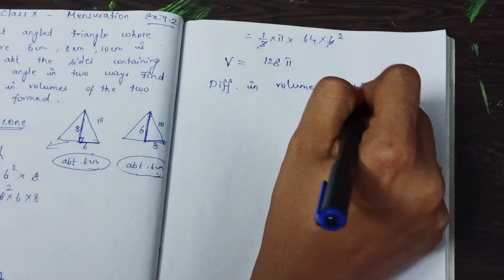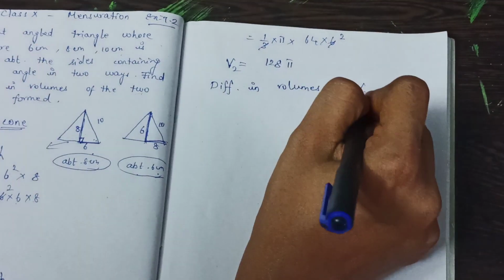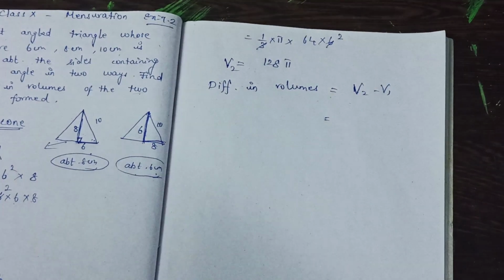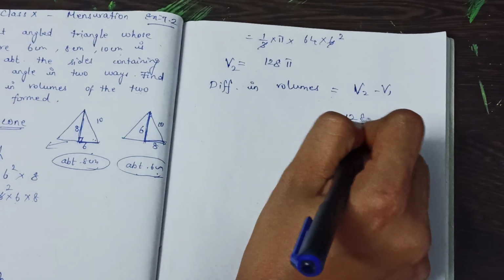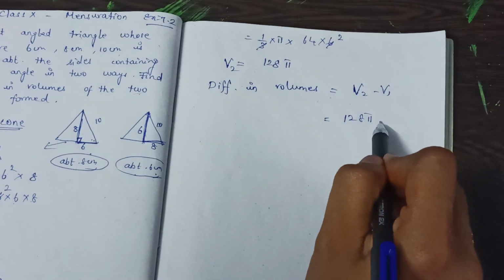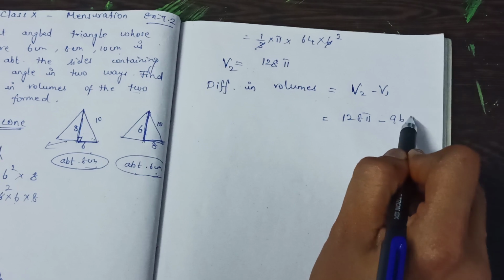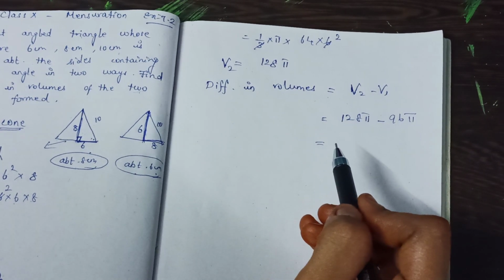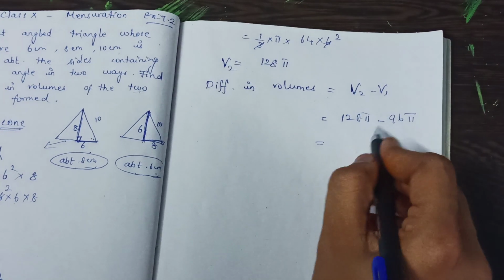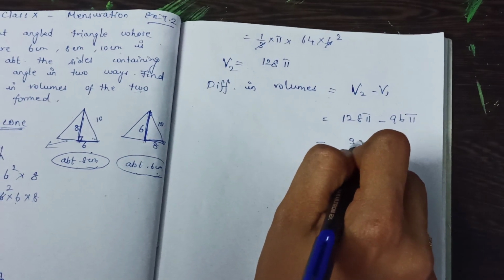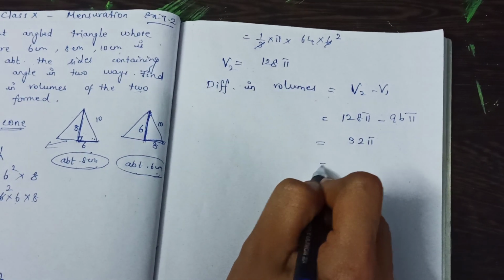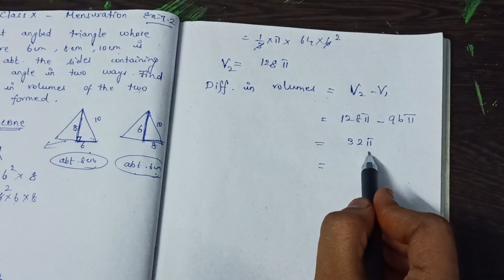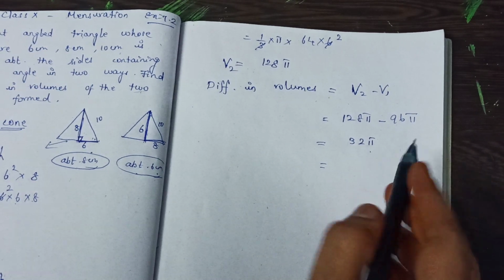So we have V2 minus V1, which is equal to 128 pi minus 96 pi. On subtracting this value we have 32 pi.